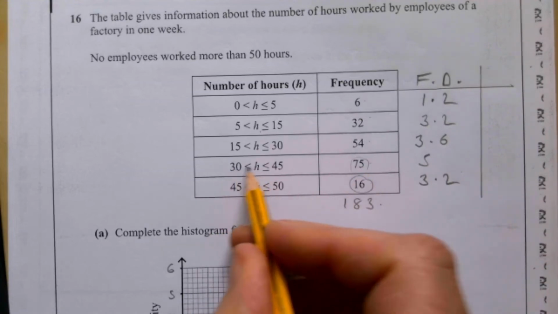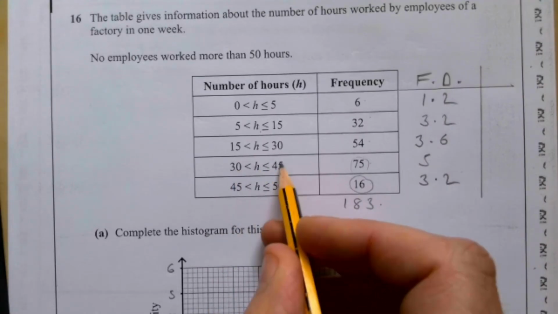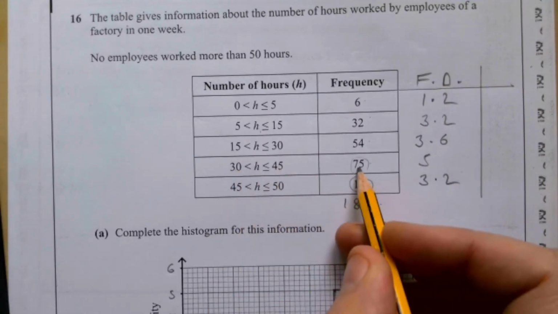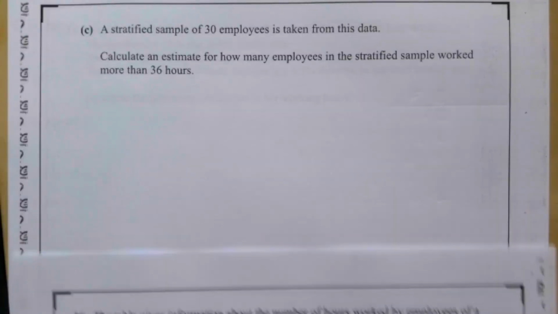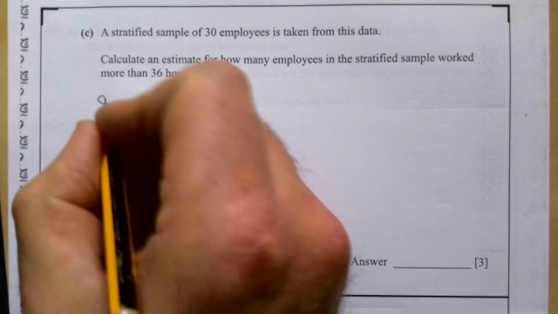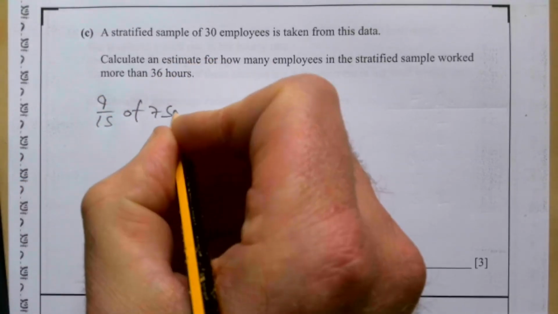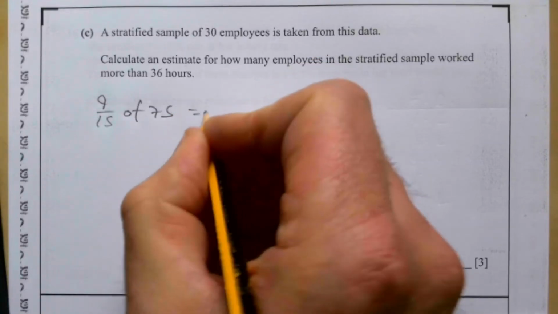So 36 is 6 into this group of 15. So 30 to 36, and then from 36 to 45. So that's 9/15 we want of the 75. So we would write 9/15 of 75.